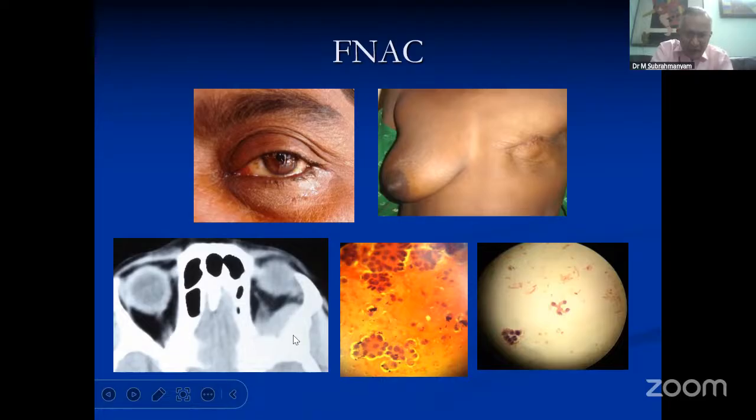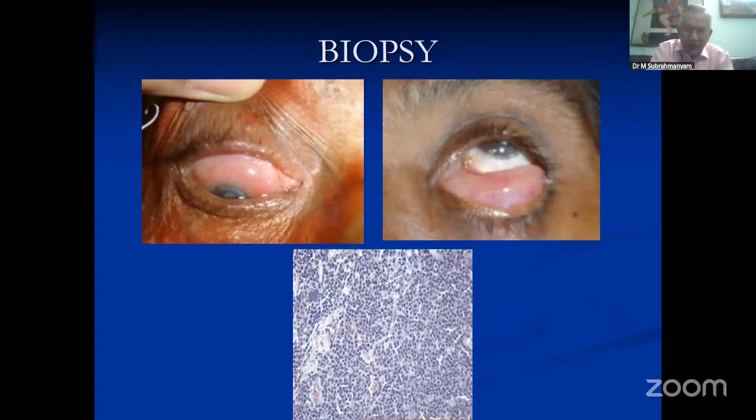That means it is invading the bone. So we did a CT, we did a FNAC. The FNAC showed cells arranged with the nucleus outside the cytoplasm, extracellularly, and this is typical of ductal carcinoma of the breast. Refer to oncologist.